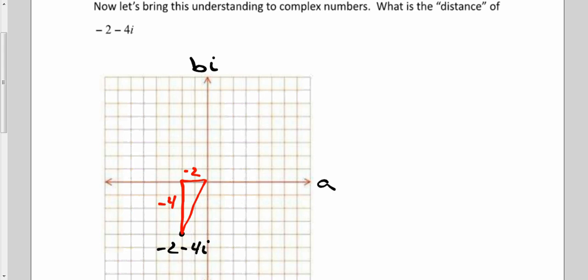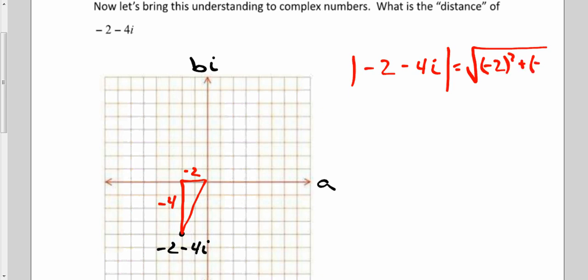Now, old Greek dude, right? Old Greek dude. So, the absolute value of that hot garbage equals the square root of negative 2 squared plus negative 4 squared.